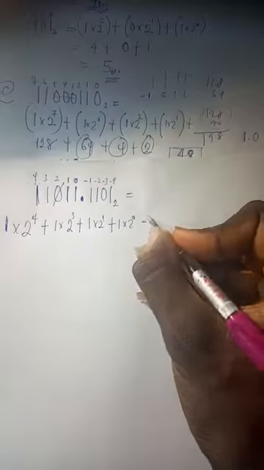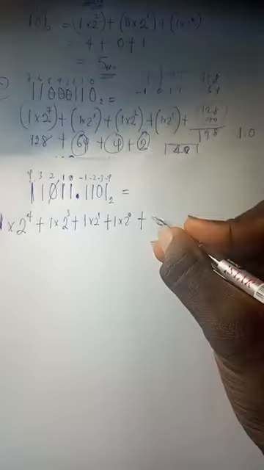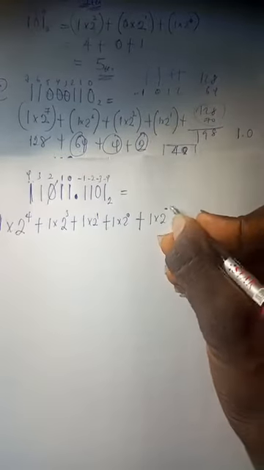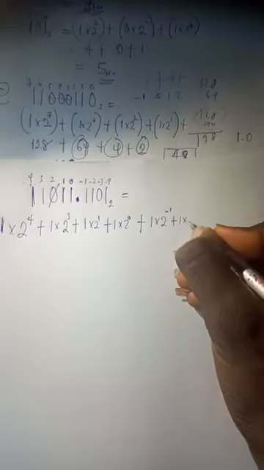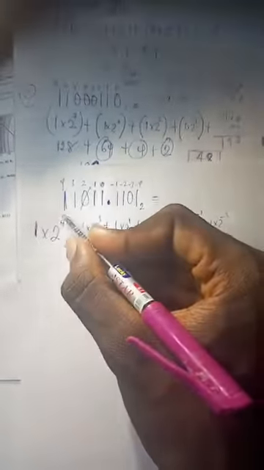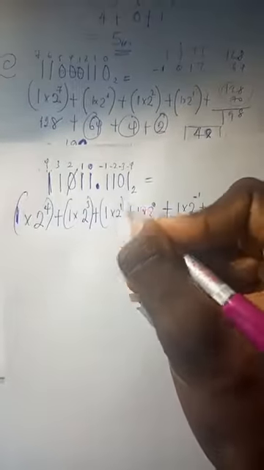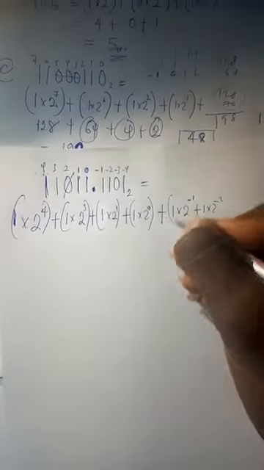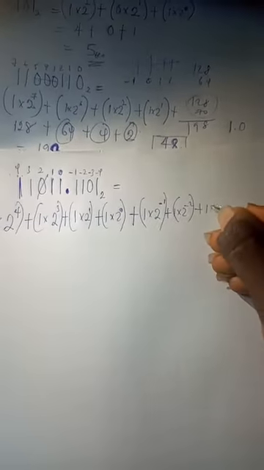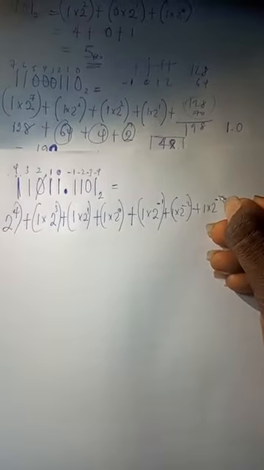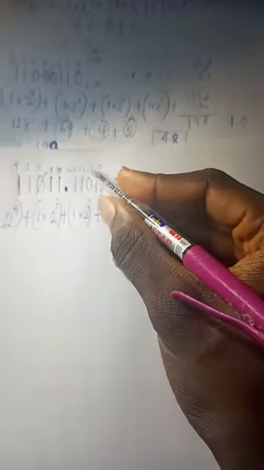The next thing is plus 1 times 2 raised to the power of -1 plus 1 times 2 to the power of -2. Permit me to put this in brackets, then these two in a bracket, then this is 1 times 2 to the power of -4.